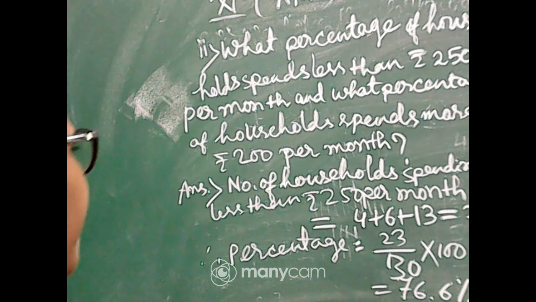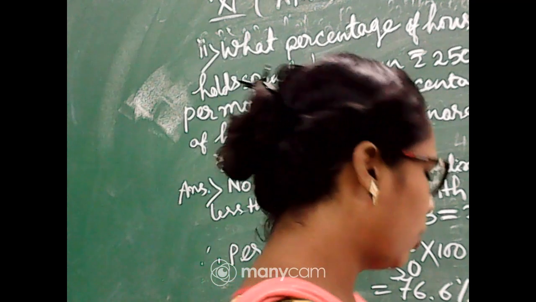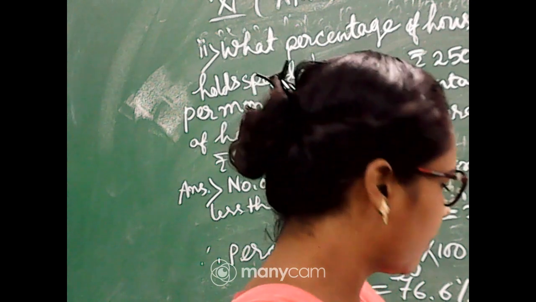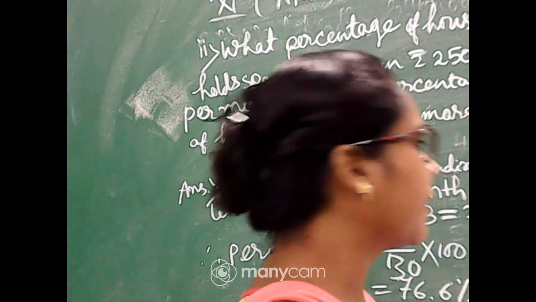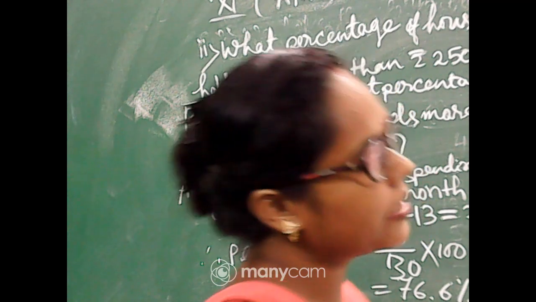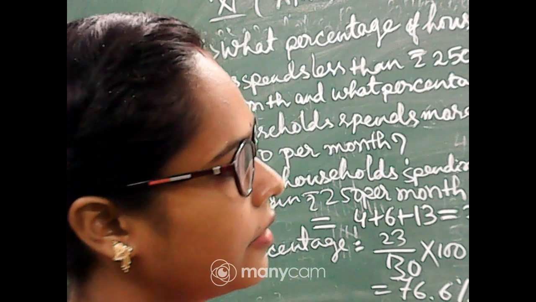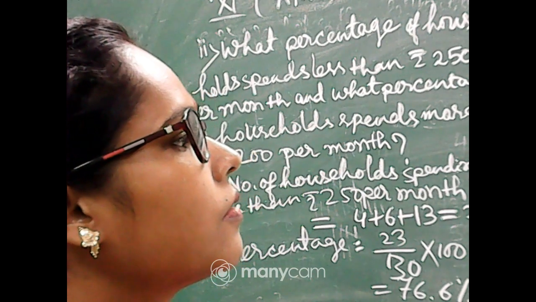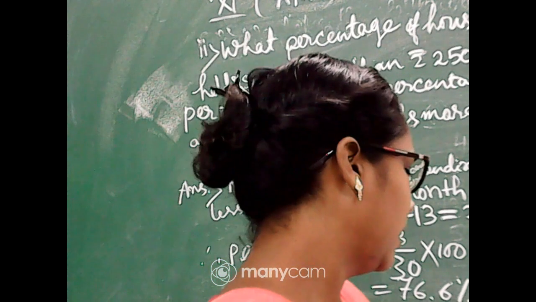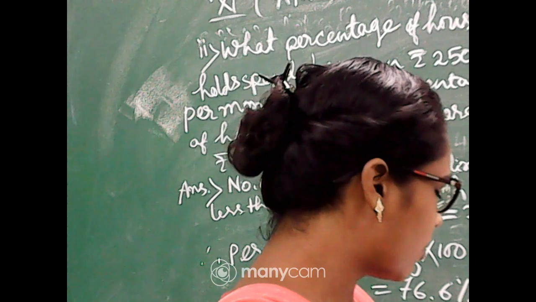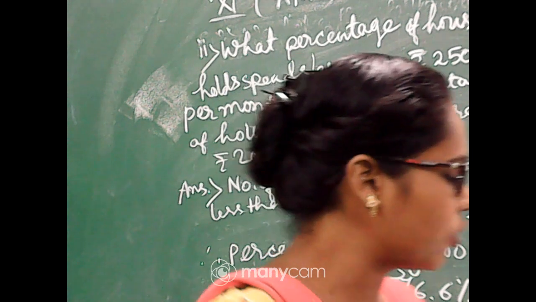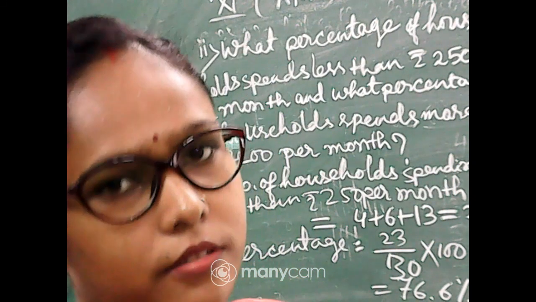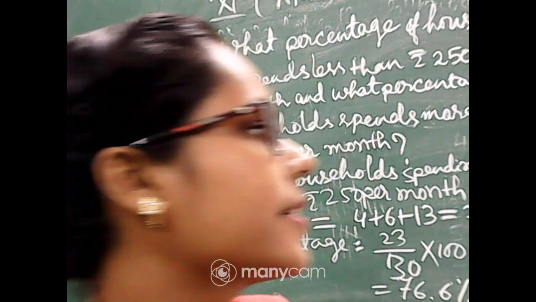No, how will it be the same? More than 200. Yes, Sanjivani, 66.67%. First find out the number of households who spend more than 200. It will be 20. Then 20 by 30 into 100. Okay. 66.67%.